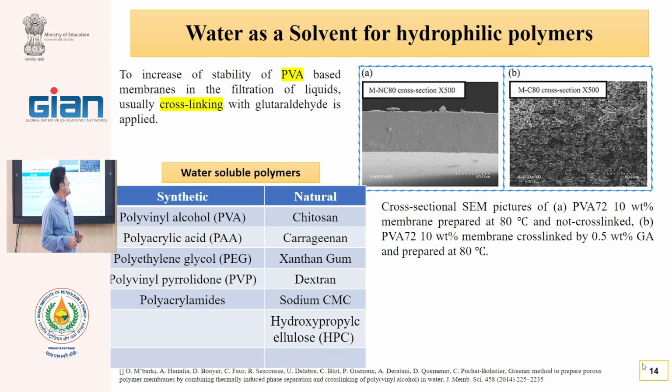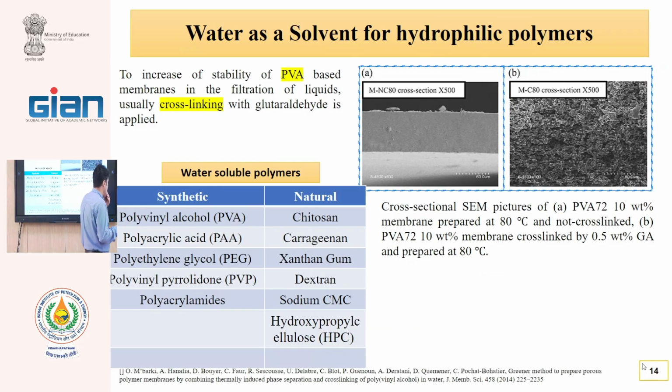Therefore, only these polymers can be used in the fabrication of membranes with water as a solvent. You see that the famous one is PVA, and on the right are the natural polymers, biopolymers. If we prepare, for example, chitosan membranes, both the polymer and the solvent are green, and it is very good.